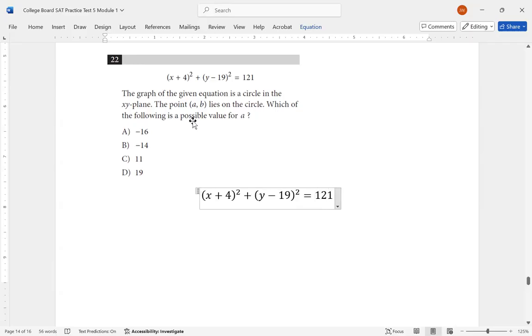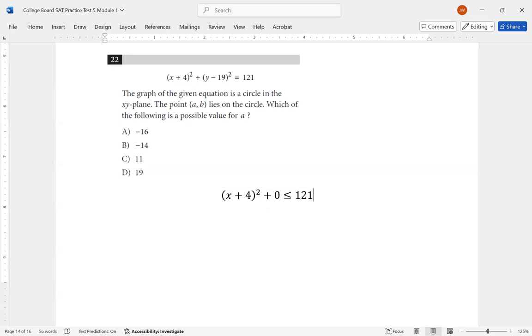In order to maximize the value of x plus 4 squared, you'd have to minimize the value of y minus 19 squared. Since I know that this is at smallest 0, I know that x plus 4 squared plus 0 is always going to be less than or equal to 121.